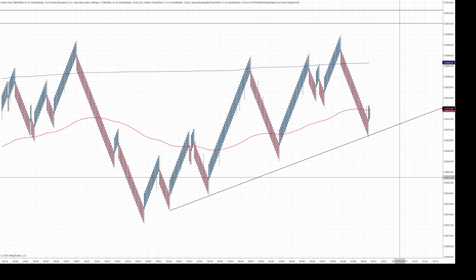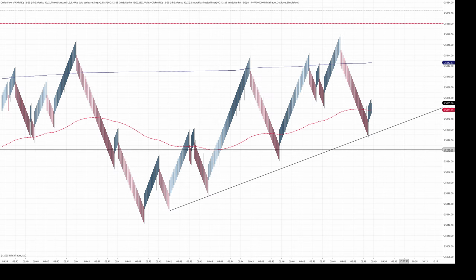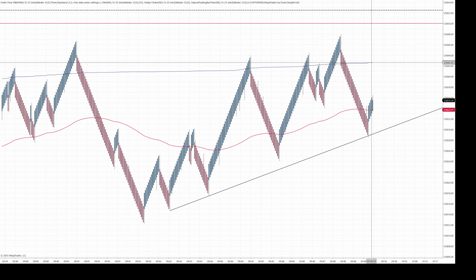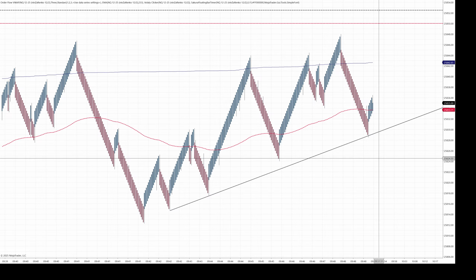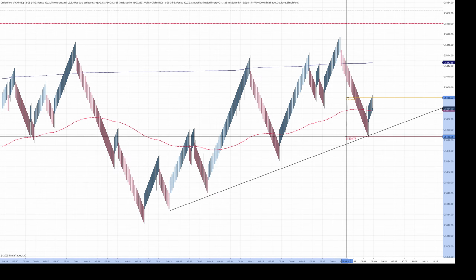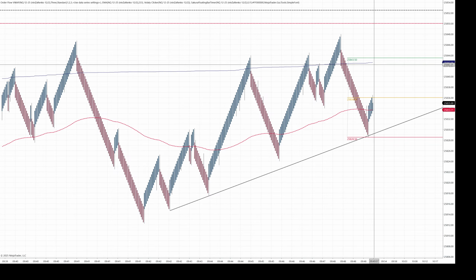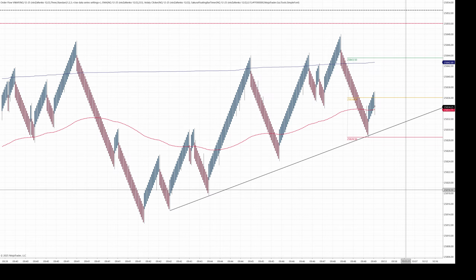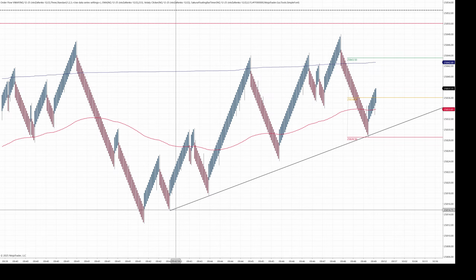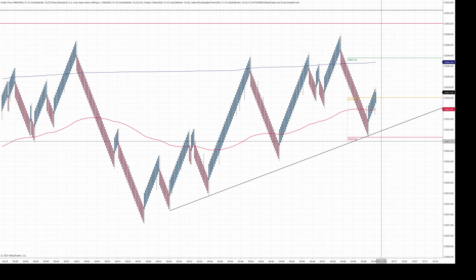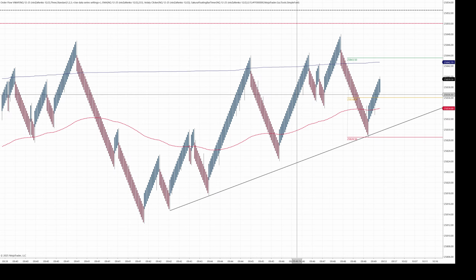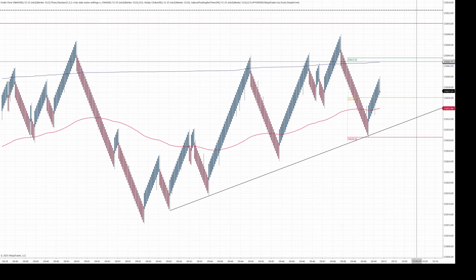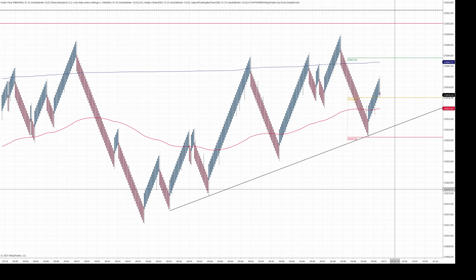If the answer is yes... like this one's not gonna have enough room before hitting that standard deviation level to the upside. You can see here, not enough room. So it most likely might fail. But we are respecting this bigger upward trend line. So you could say we are in this nice bullish trend. I'm just trying to be really strict with my entries.